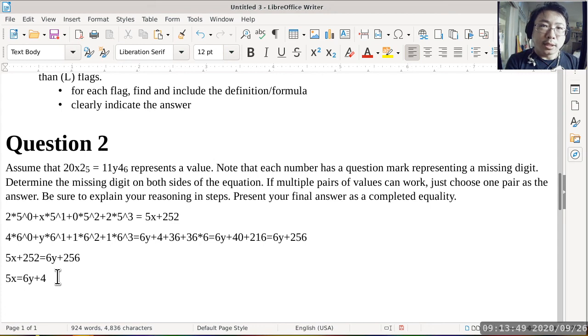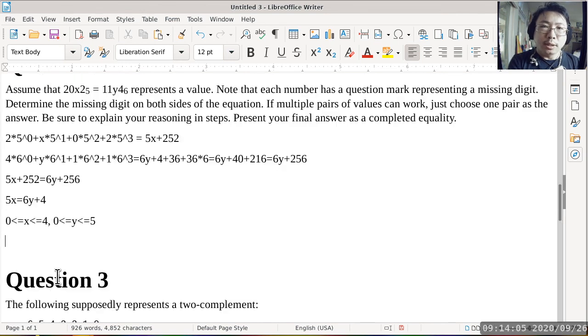So we'll write down the constraint: x is at least 0 and at most 4, and y is at least 0 but at most 5. So we just have to pick from, let's see, 5 times 6, which is 30 combinations of values of x and y to make this work.